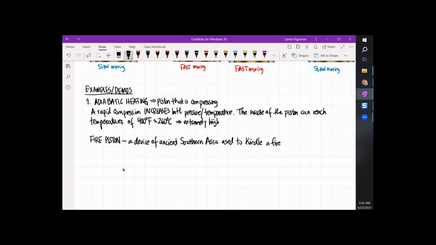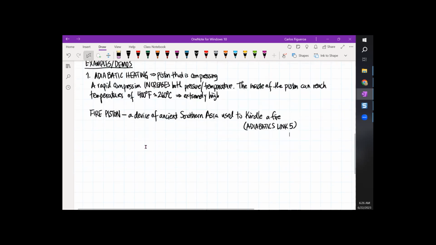You should actually look at this. If you look at the links, there's a link called Adiabatic, I believe it's link 5. You should go look at that. Somebody does that in the woods and shows you how you can produce a fire outdoors.